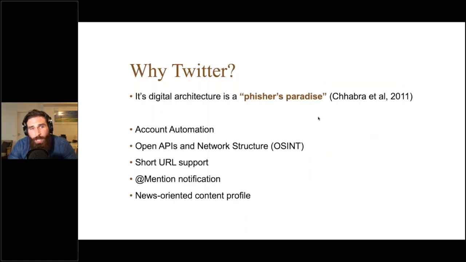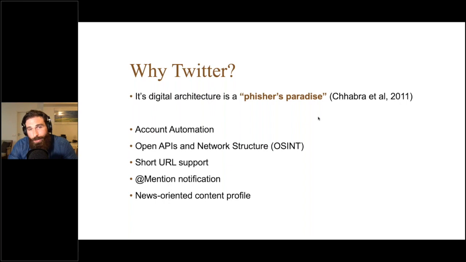So I focused on Twitter and kind of linking this to the digital architectures. Twitter's architecture is a phisher's paradise. You can create new accounts very easily. You can automate accounts very easily. It's a very public platform that is conducive to open source intelligence gathering.